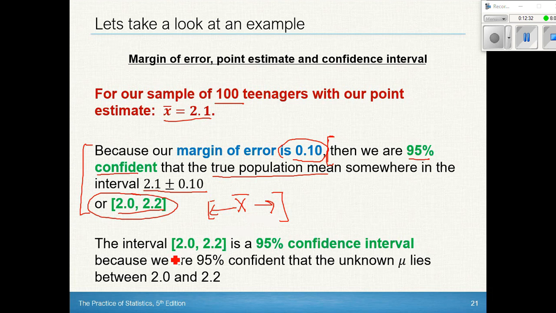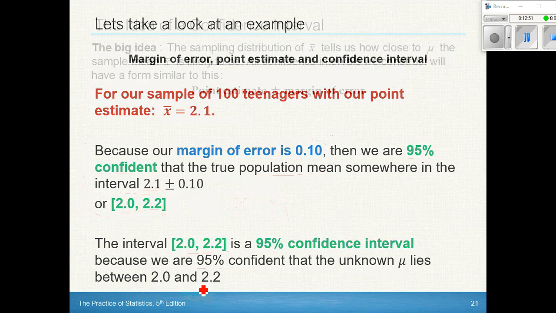The interval 2.0 to 2.2 is a 95% confidence interval because we're 95% confident that the unknown population mean lies somewhere in that interval. We're not sure exactly what it is. We just know it's between 2 and 2.2.